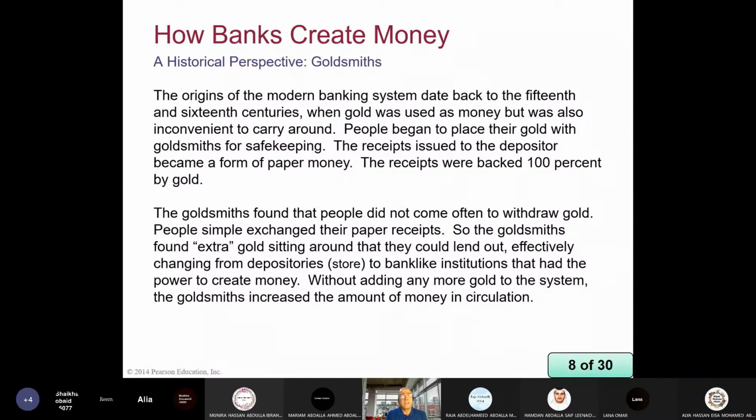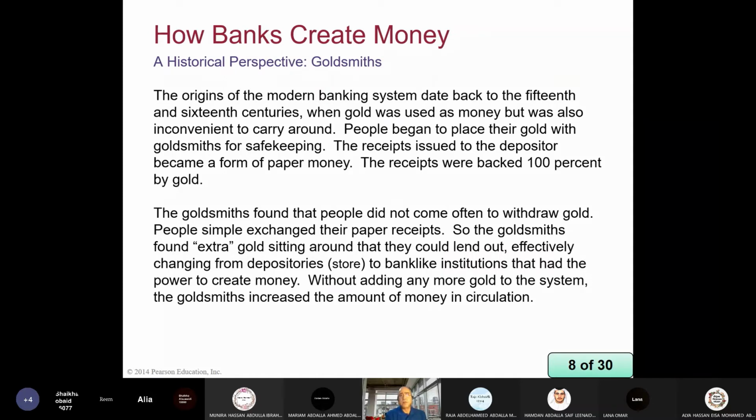Let's say, let me call it Damas. So I have 60 grams of gold. I will give it to Damas, and Damas will issue for me a receipt of 60 grams of gold. At any time, I can go back to the goldsmith and demand my gold.